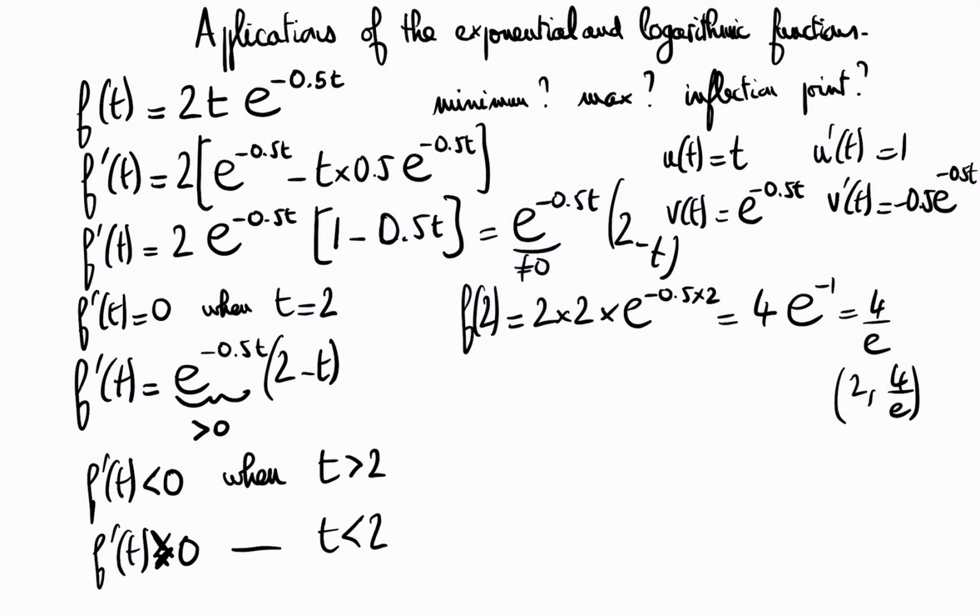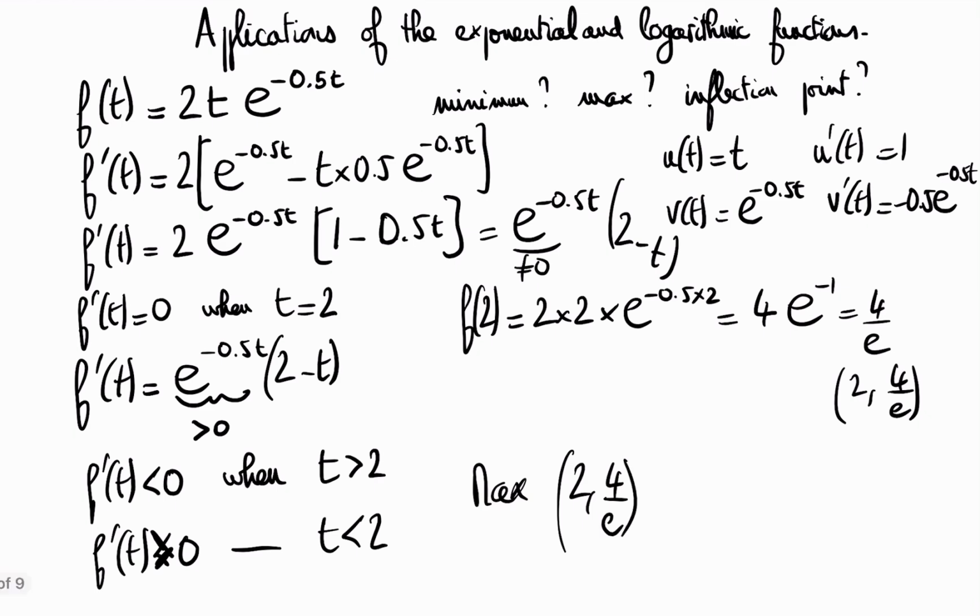Okay, so it changes sign at t equals 2, so therefore it's a maximum.